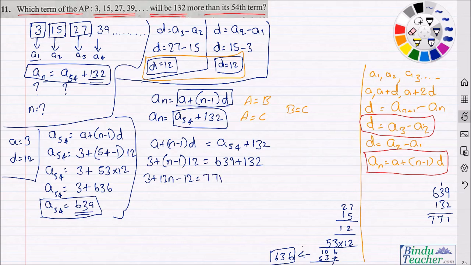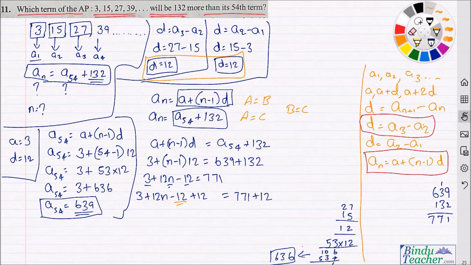Okay, so now what I want to do is I will keep the variable which is n on one side and remove all the constants. So how can I do that? So I'll write 3 plus 12n minus 12 equals 771. Now if I want to remove minus 12, I will add a plus 12 here, and whatever I do on the left hand side, I should do it on the right hand side as well, so that I can balance the equation.